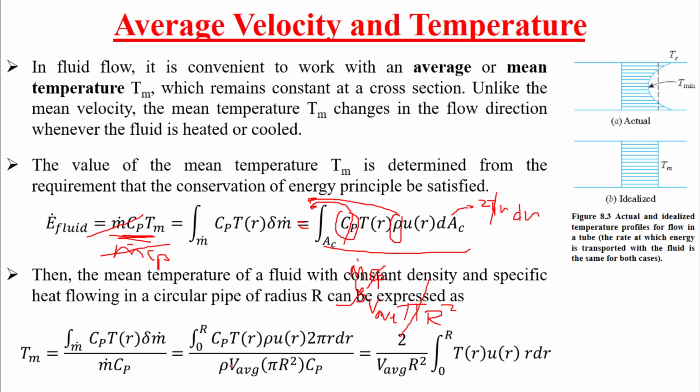And we end up with, so here is the denominator: we have rho, we have the average velocity, we have pi r squared, and we have Cp.